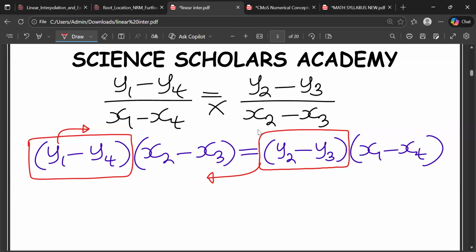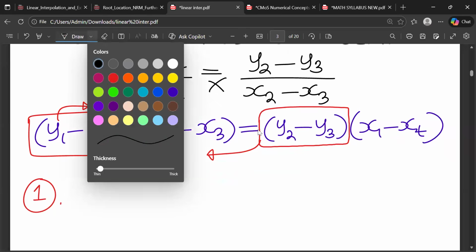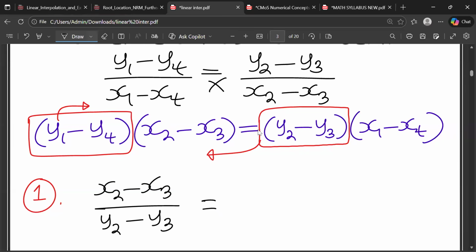That is one. Then I'll come up with a new formula. And what is this formula going to be? This formula is going to be x2 minus x3 over what I'm bringing this side, y2 minus y3, equals, then the other side I will have x1 minus x4 remaining, and what am I taking the other side?